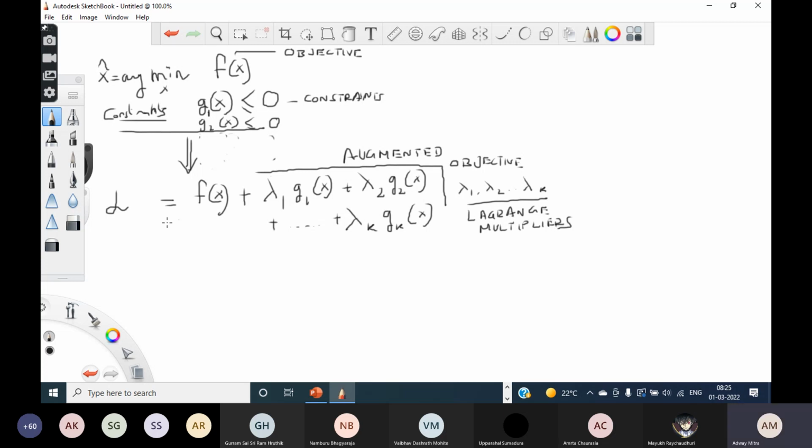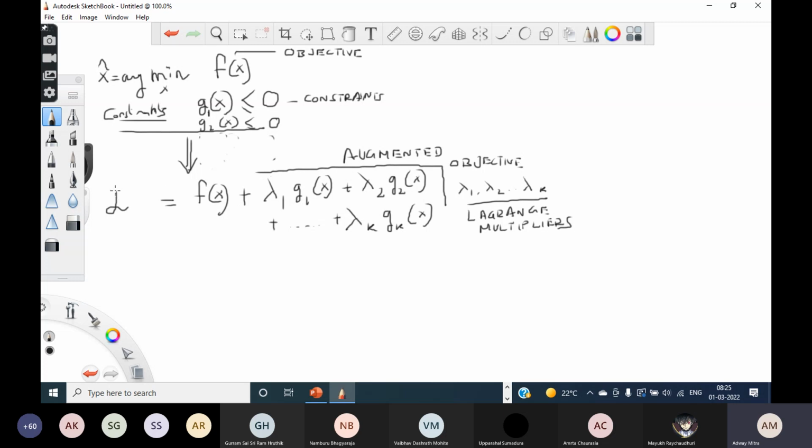So now these are all unknown terms. That is, I do not know lambda 1, lambda 2, etc. Earlier there was only one unknown term, x. Now along with x, all these extra k terms are also unknown.